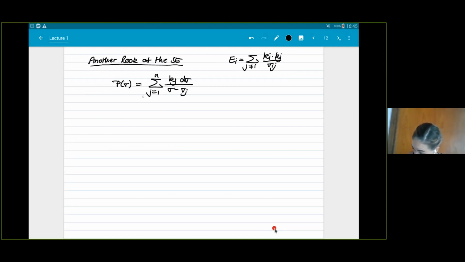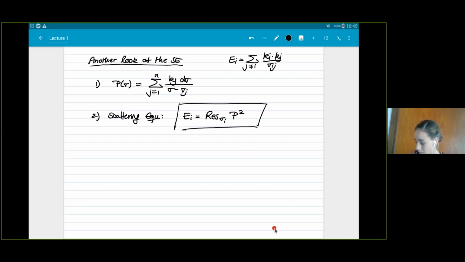Then just having constructed this, we can see that the scattering equations just become the residues at the points sigma_i of P squared. Now this is a really short calculation, you should check this, but it's hopefully intuitively clear that this holds.